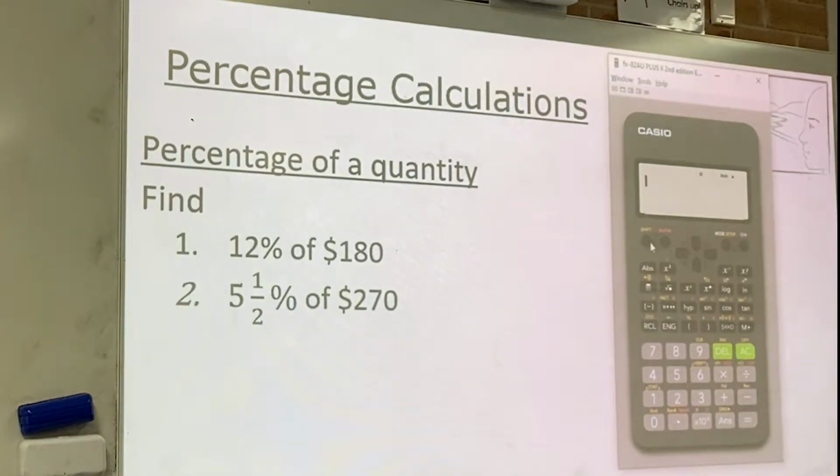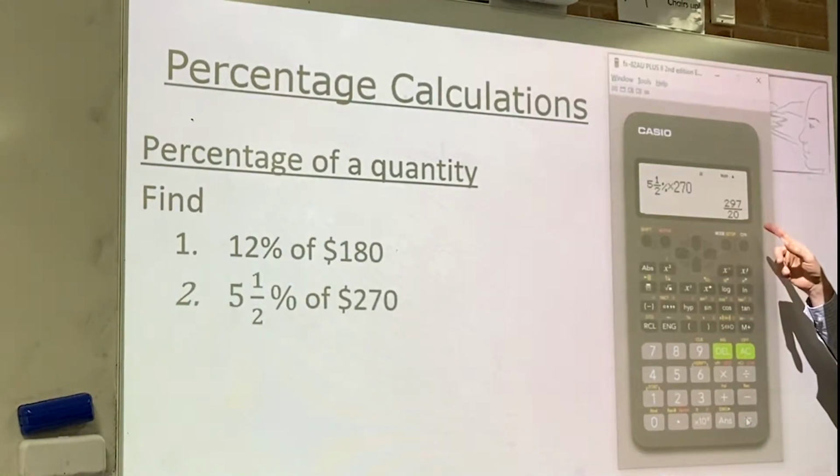So first I press shift, then I'm going to press the fraction button, and then I'll get the cool little fraction there. 5, then I press to the right to get the next bit. 1, press to the right again to get the second part of the denominator. Press to the right again to get out of the fraction. Percent, so 5.5% times 270.